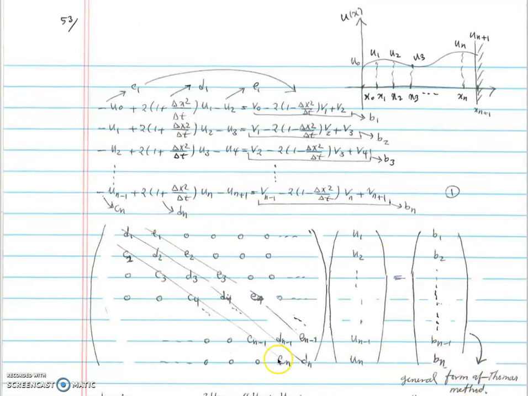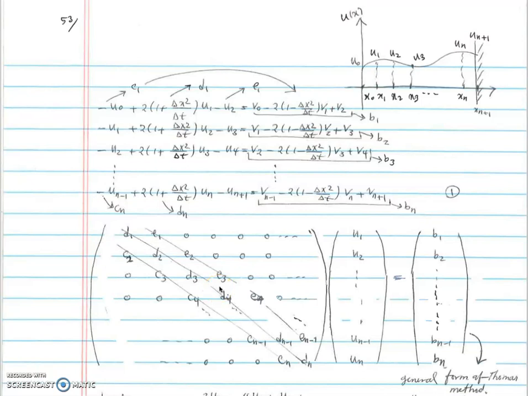If we have this system, we can use the script in the text, which is written in VBA, to solve this system in Excel. If the system is different from this, you cannot solve it by just using the Thomas method. You have to modify the Thomas method in the text.